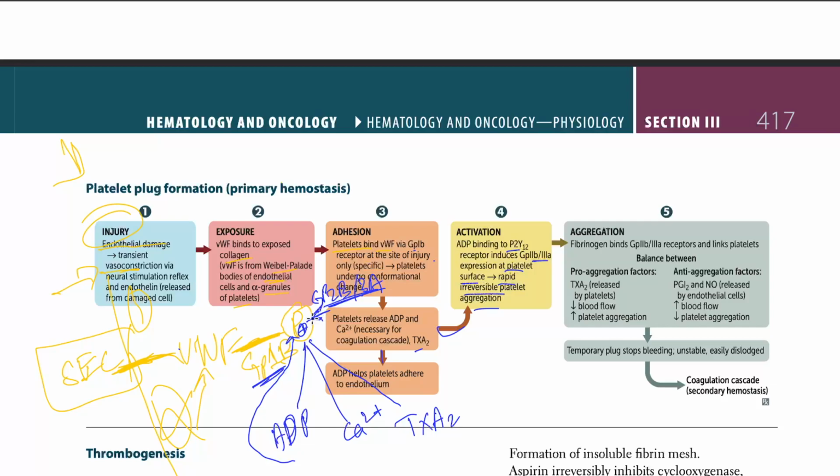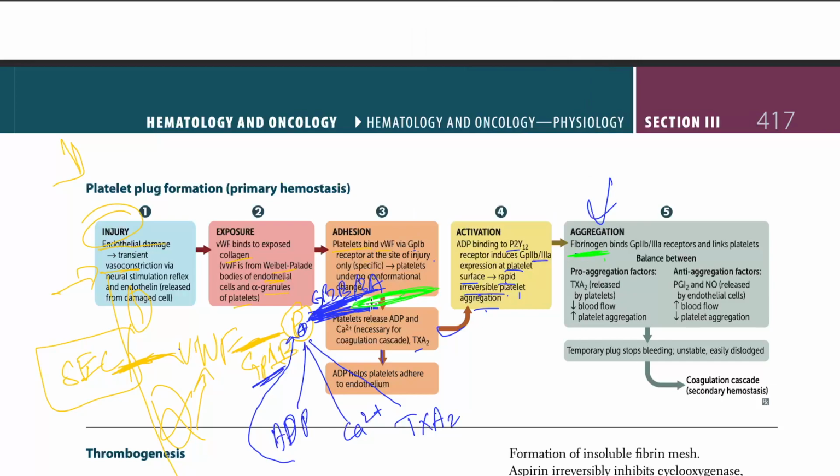Now what's going to happen is rapidly other platelets are going to come and bind. Actually, they said rapid irreversible platelet aggregation, but let's read the aggregation. There has to be some fibrinogen acting in between, so let's see how things work after this. Fibrinogen, which is in the blood normally, let me change the color. Let's say this is fibrinogen, the green thing.